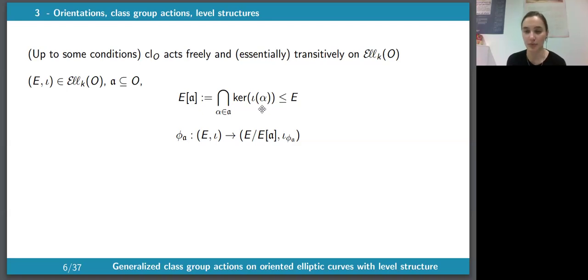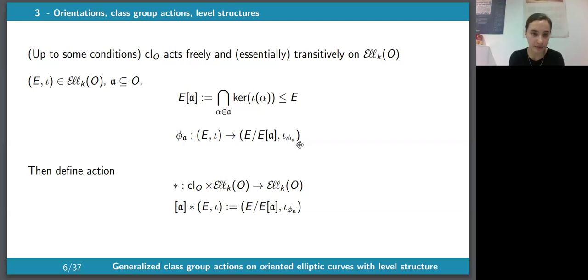And this defines a subgroup of E, and then up to isomorphism, it determines an isogeny, phi_A, from E. This isogeny is oriented if we endow the codomain with the orientation induced by the isogeny itself.